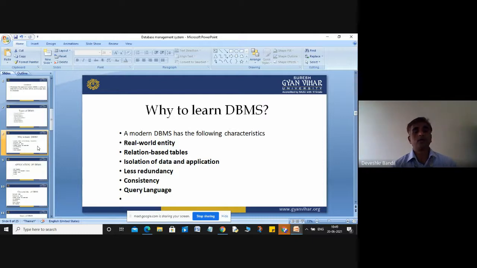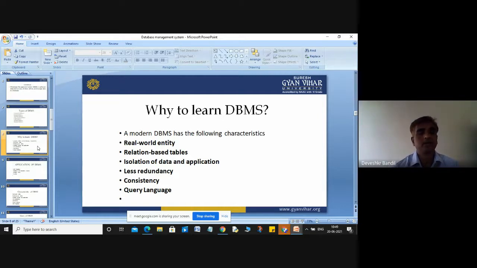As I told, real world entity: modern DBMS is more realistic and uses the real world entity to design its architecture. It uses behavior and attributes. For example, a school database may use students as an entity and there are attributes.